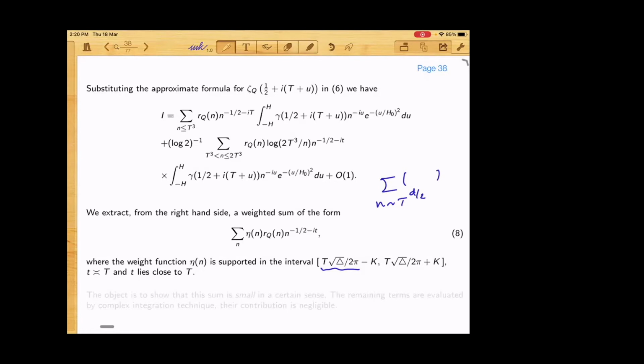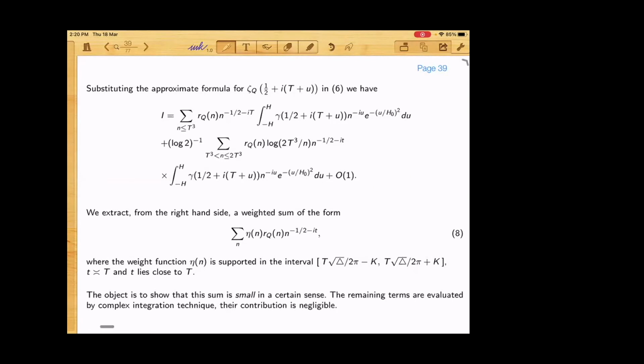So here we extract this critical sum, and what is this k? K and h are related by this thing: k times h should be around t.